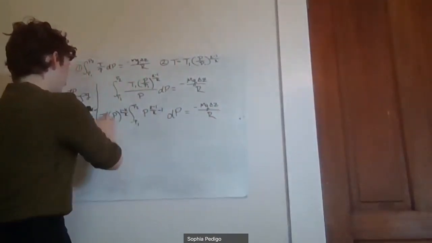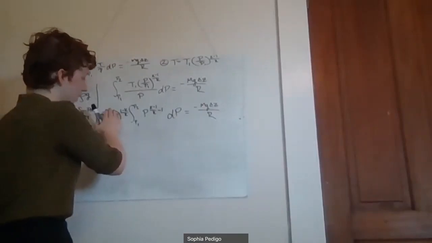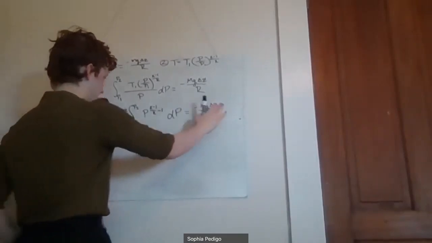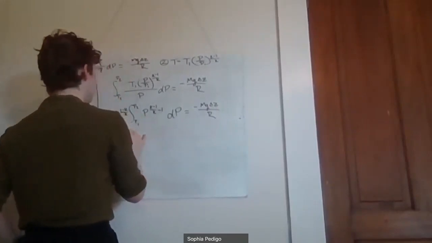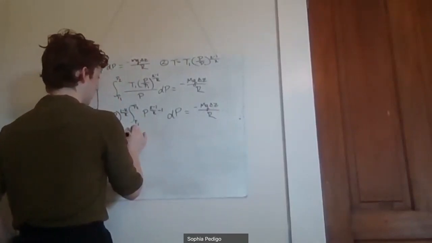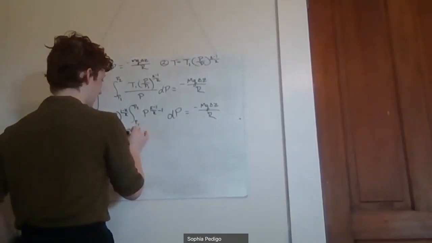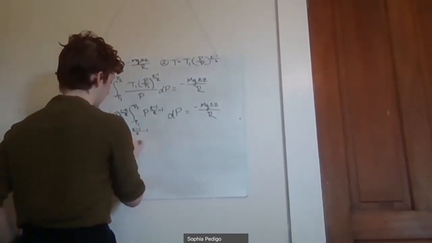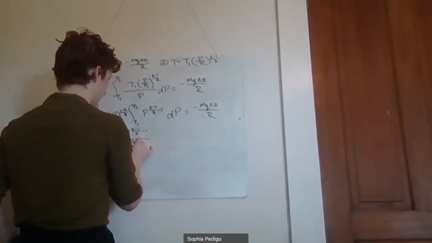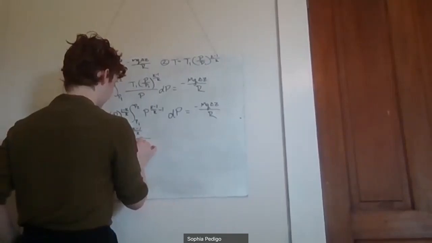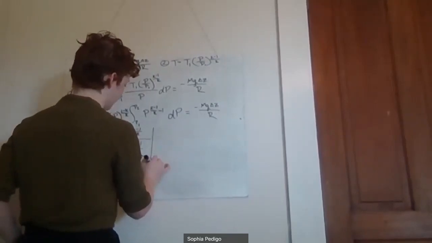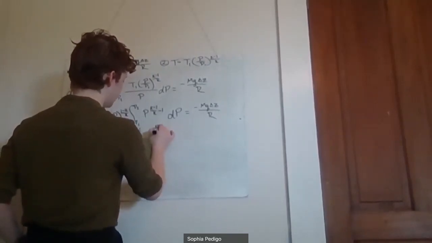Now, I'm going to move these constants to this side and take the integral, and when we do that, we end up with P raised to the 1 minus K over K, over 1 minus K over K, evaluated from P1 to P2.